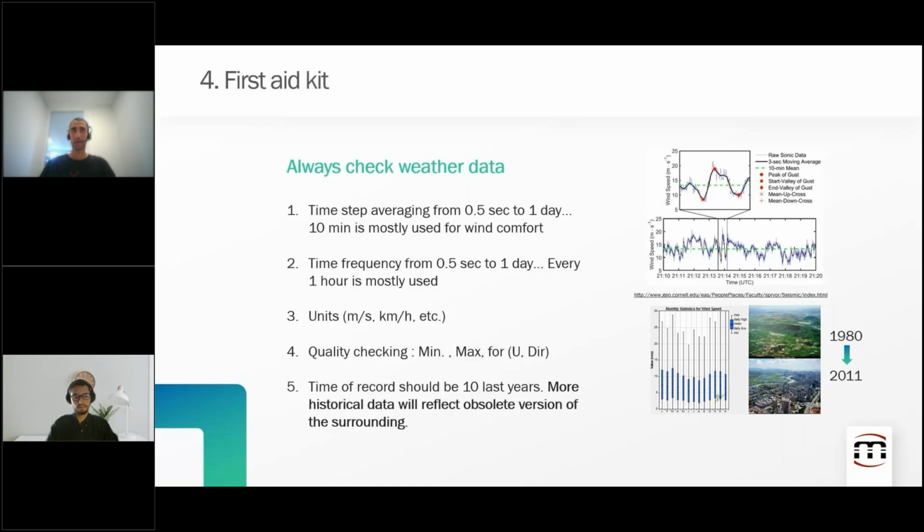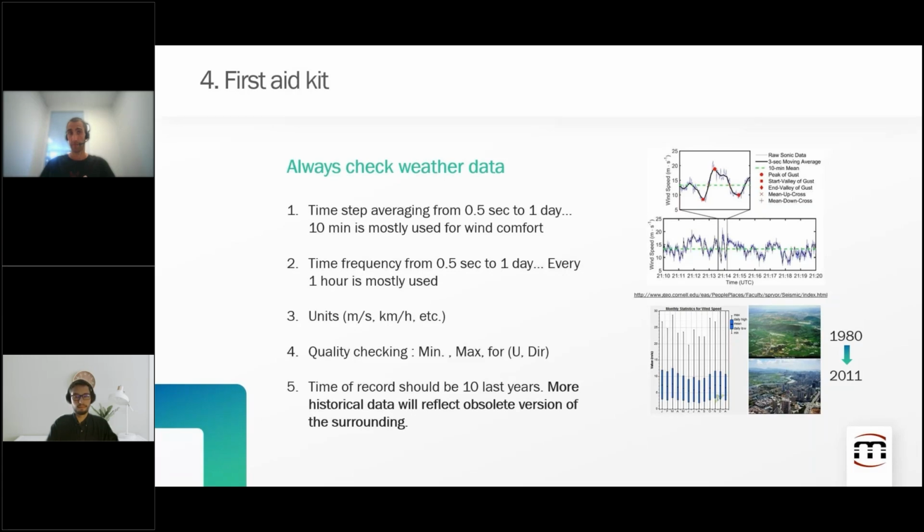If you are getting very old wind data, it may not reflect the reality of the surroundings of your project, because the city expands a lot and it can affect your wind data a lot.